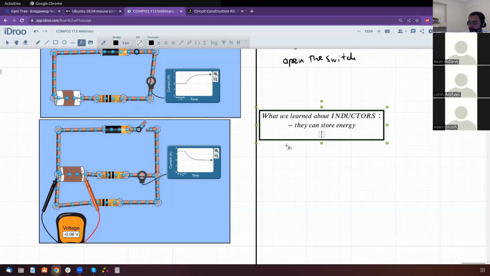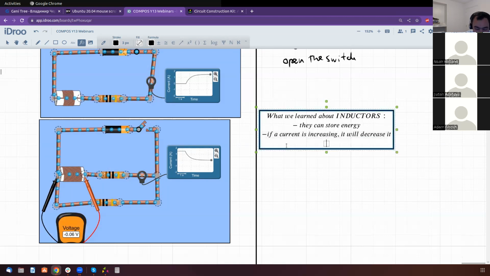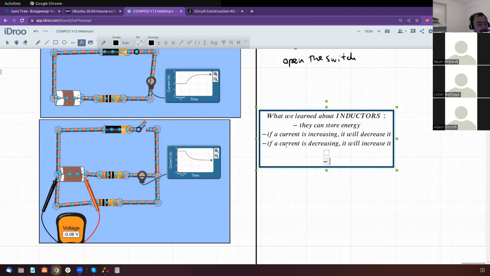And if the current is decreasing, it will try to increase it. Okay.